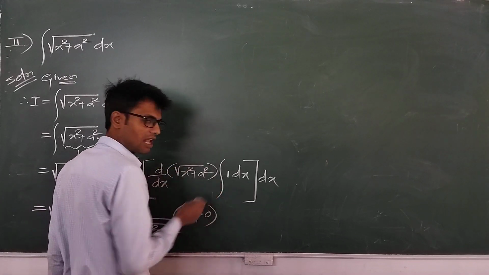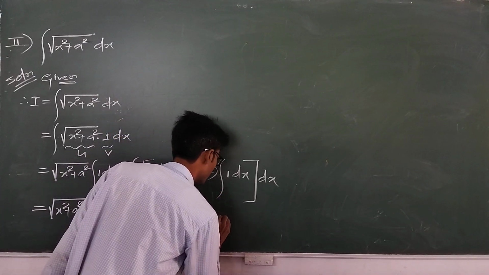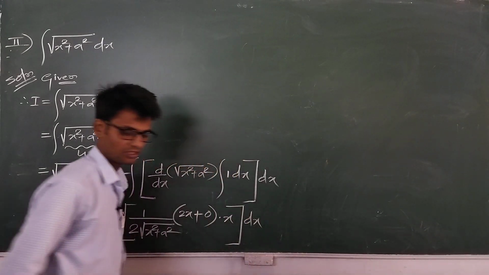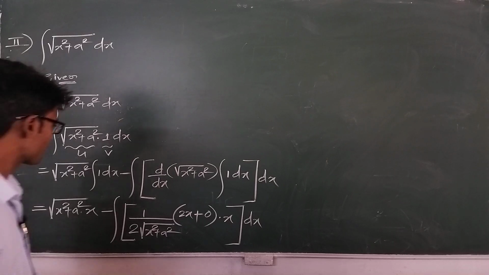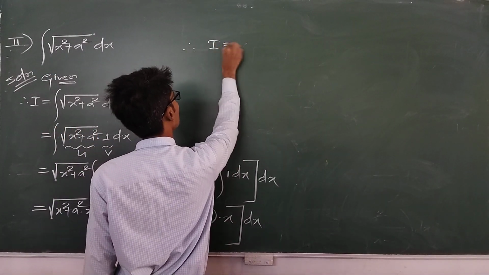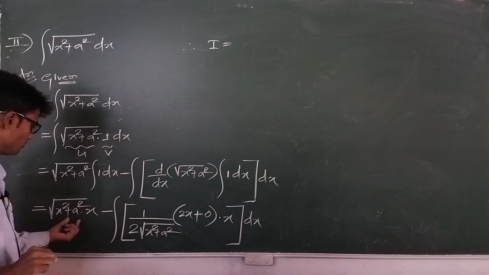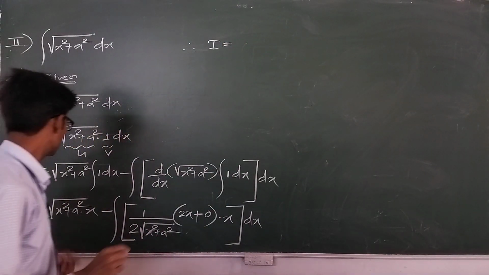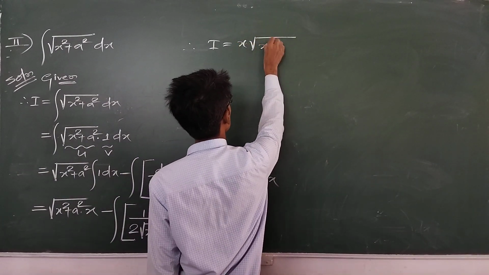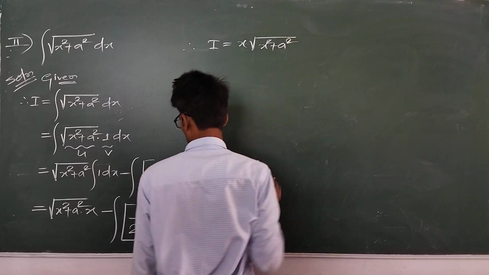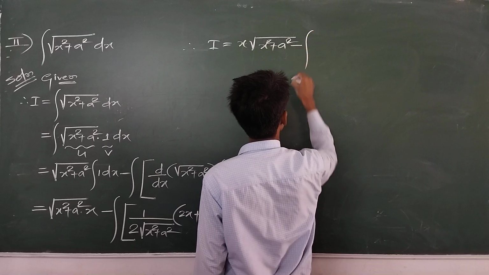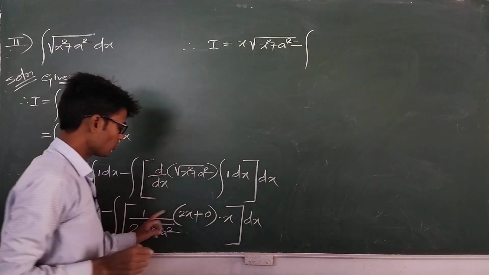And after that we have the integration with respect to x, bracket complete, and finally dx. So I'll write the value of I is equal to x into square root of x square plus a square, minus integration of 1 into 2x plus 0.